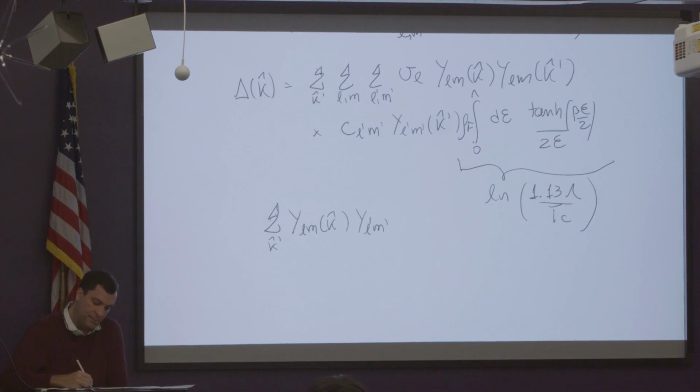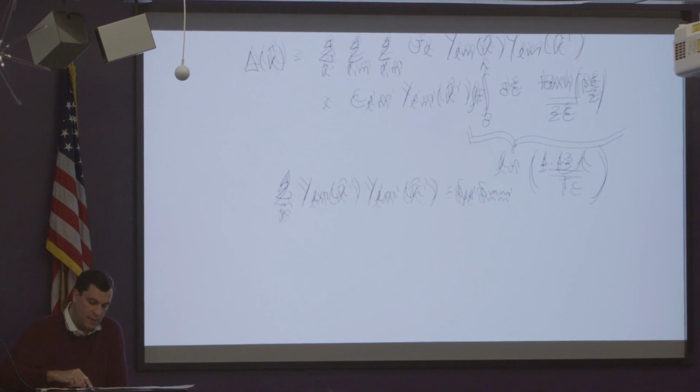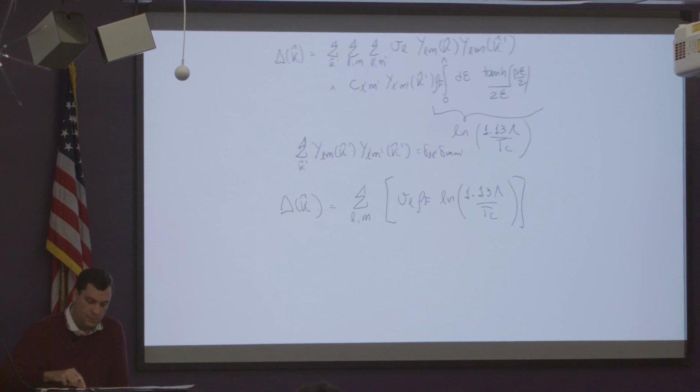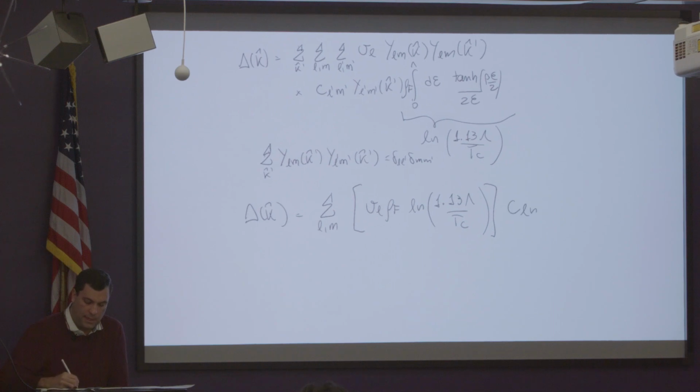The sum over k prime of Y_L'M' is going to be delta_LL', delta_MM'. So now delta_k is going to be the sum over L, M of V_L rho_f log of 1.13 lambda over T_C, and here C_LM Y_LM(k).